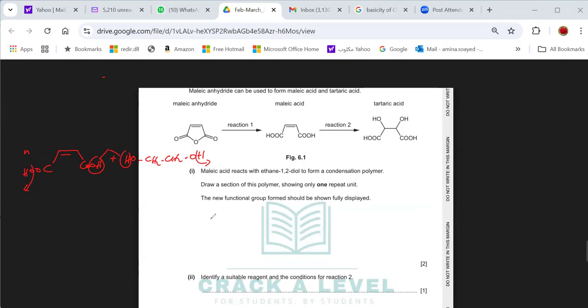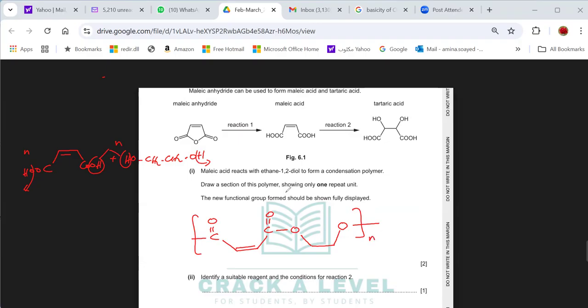So this means that the polymer that is formed is going to be the C double bond O, and then you have a double bond here, and then you have a C double bond O. Of course, we don't have to write the C double bond O, but they said show it. So we have to put C double bond O, and then we have an O, which forms with a CH2, and then an O, and you put brackets, and you write n.